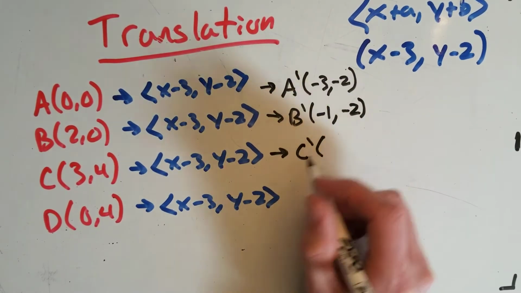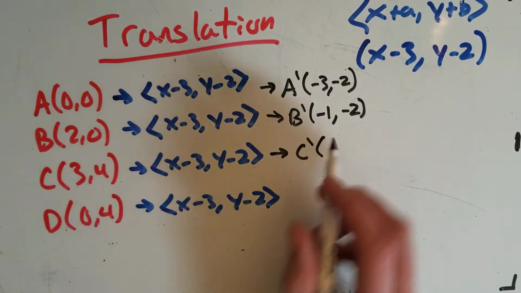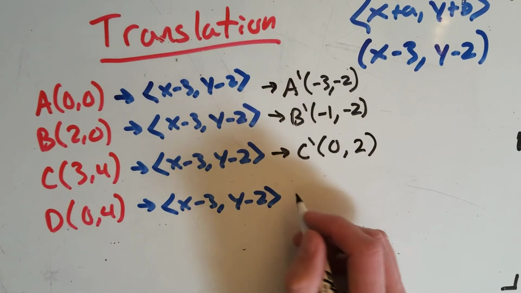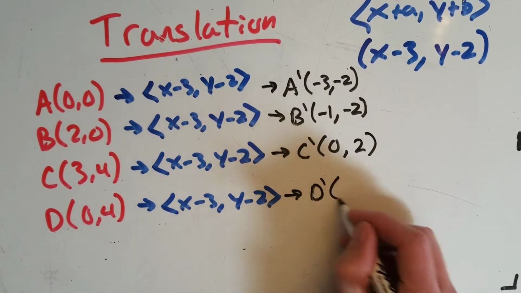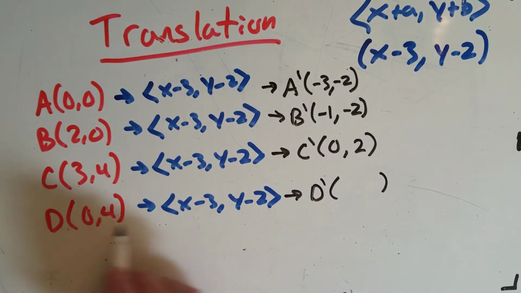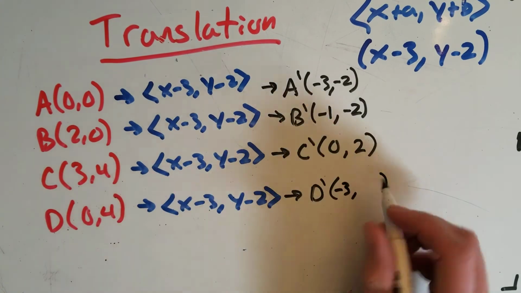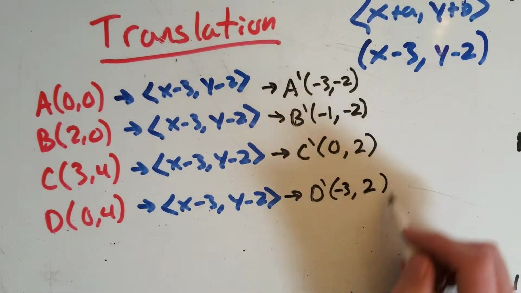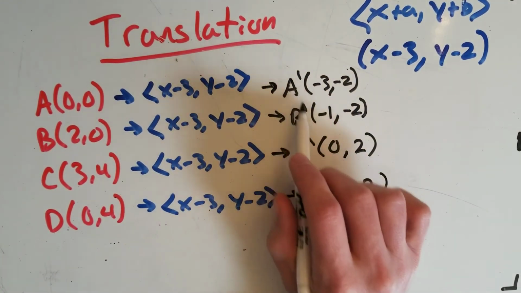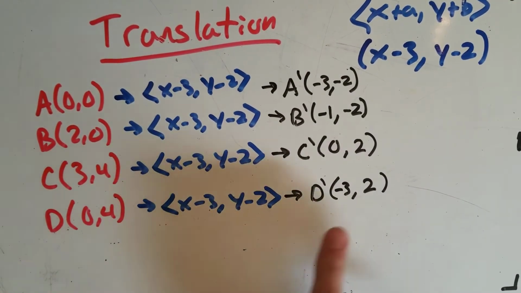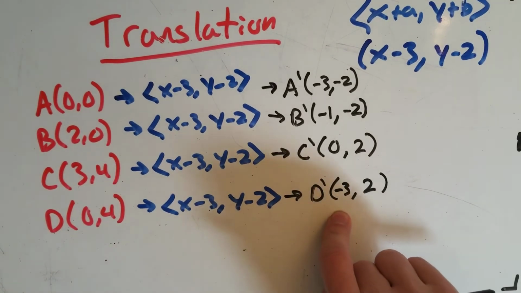C prime is 3 minus 3, which is 0, and 4 minus 2, which is 2. Last, D prime is 0 minus 3, which is negative 3, and 4 minus 2, which is 2. So these over here in black are the primes. Those are the image. Pre-image in red, image in black. This is where we end up after the transformation.